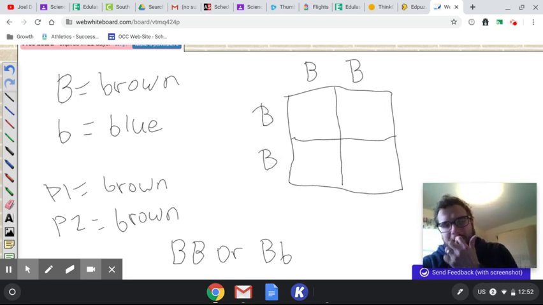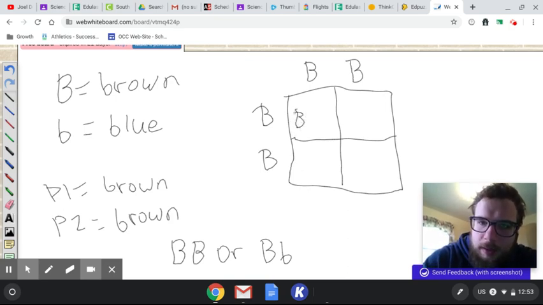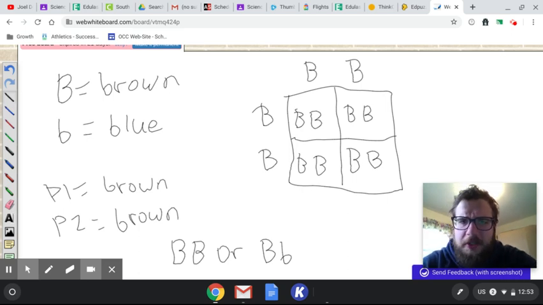Okay. Now, to do our Punnett square, remember, top ones go down, and then the side ones go to the right. The left side goes across. So if I asked you, what are the odds that two brown-eyed parents that are both big B could have a blue-eyed child, a blue-eyed offspring, you could immediately look at this Punnett square and see every single one of these boxes has at least one dominant trait in them.